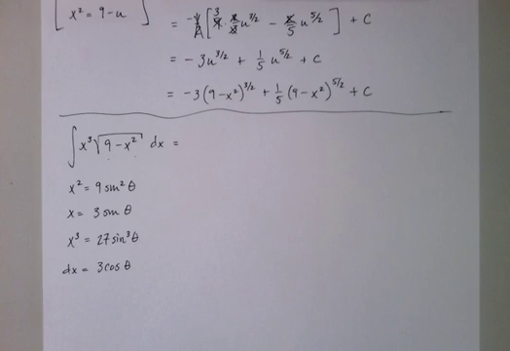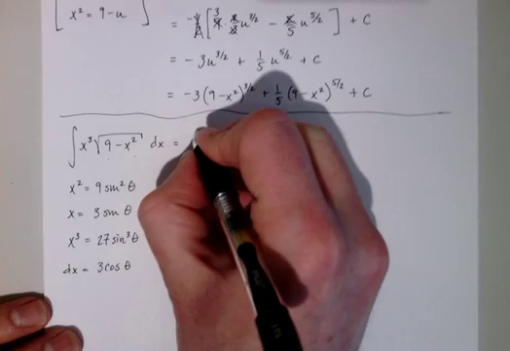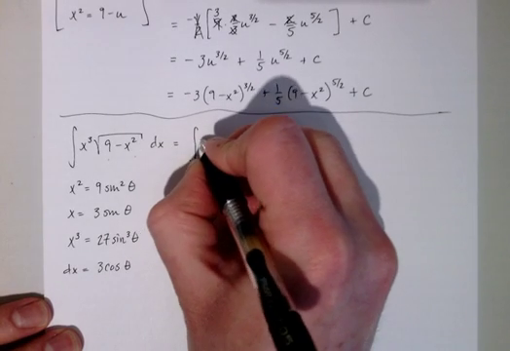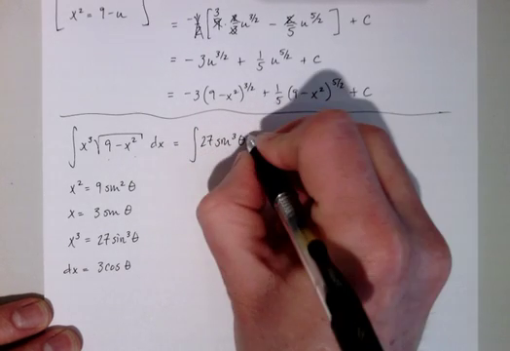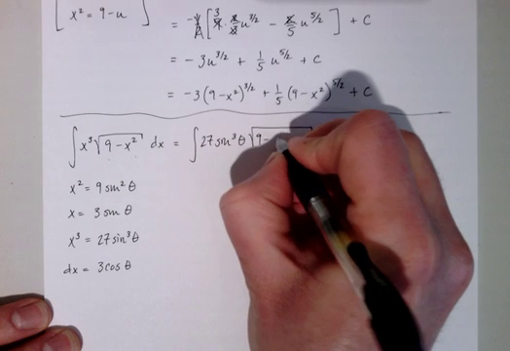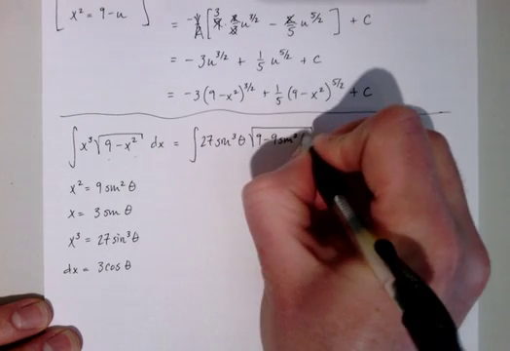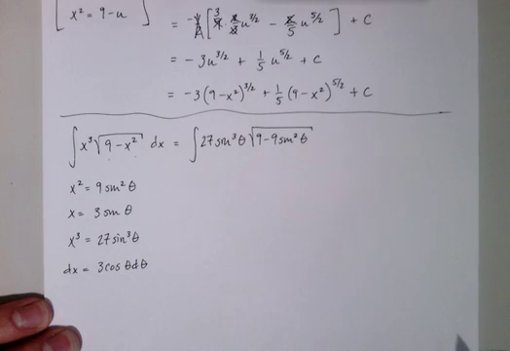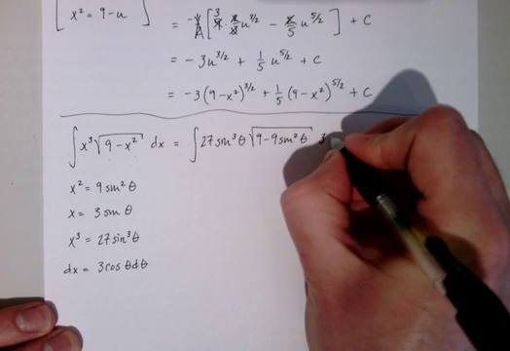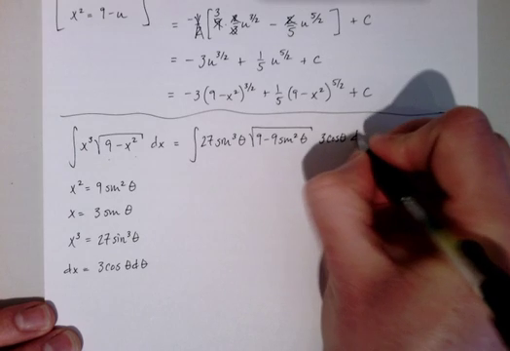Now, that's all I really need for right now. And so let's go ahead and plug it in. So the x cubed becomes 27 sine cubed theta. Underneath the radical, I get 9 minus 9 sine squared theta. And then for dx, sorry, that needs a d theta on the end, I'm going to get 3 cosine theta d theta.